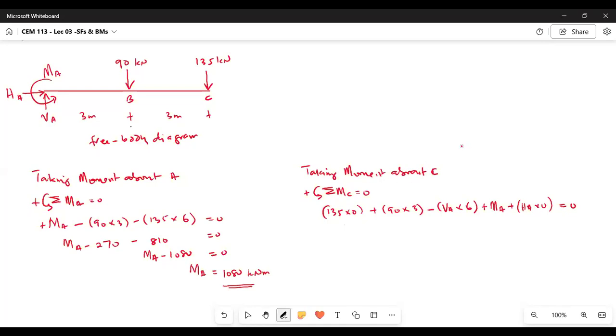All right, so this one will give us 0 plus 90 times 3, which gives us 270.